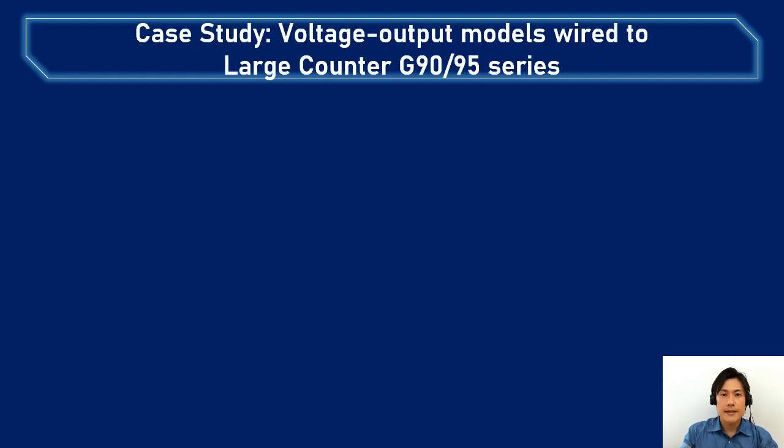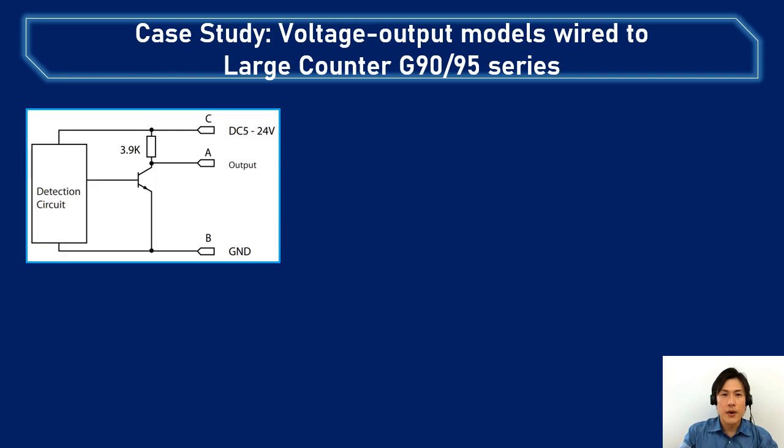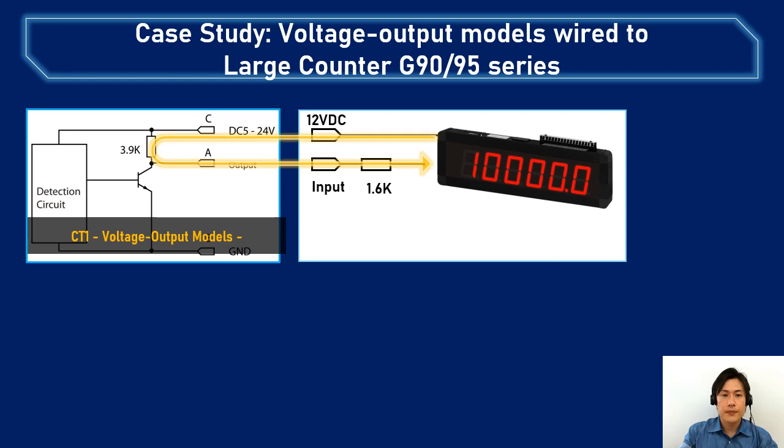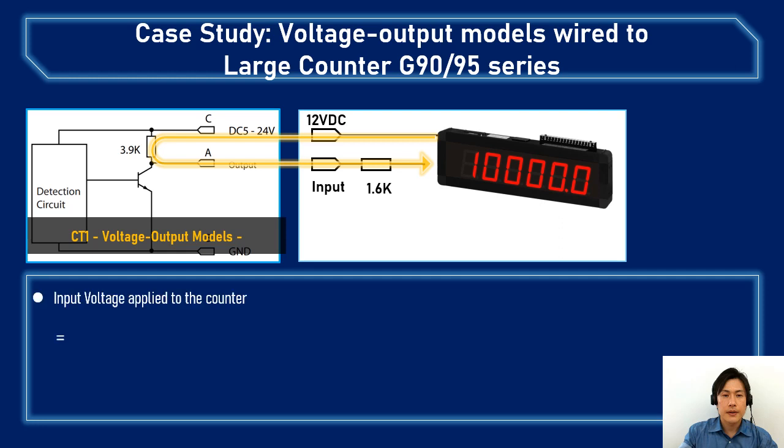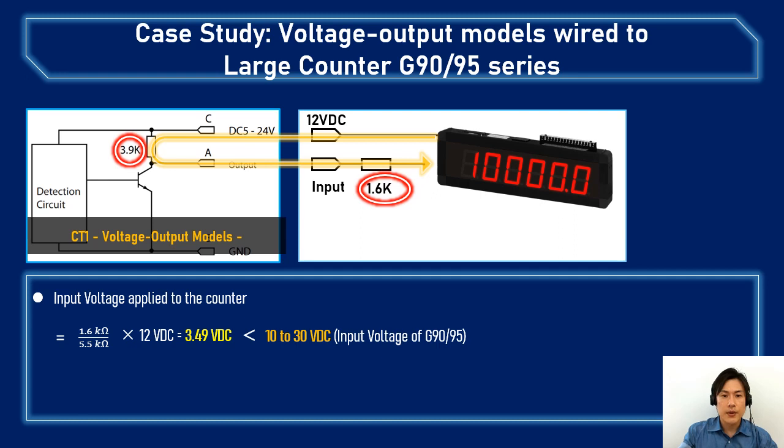How about connecting CT1 with large counter G90 or G95 series? We'll play the same mathematics again. Check the impedance of CT1 and the impedance of large counter and calculate in this way. Unfortunately, G90 or G95 series requires 10 to 30 volts DC as input voltage, so 3.49 volts is not enough.